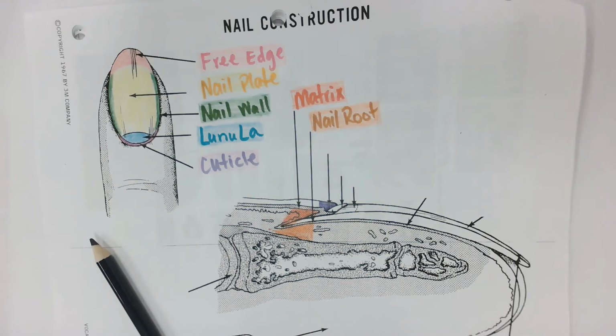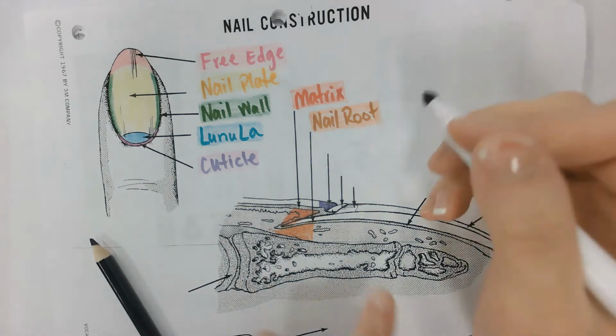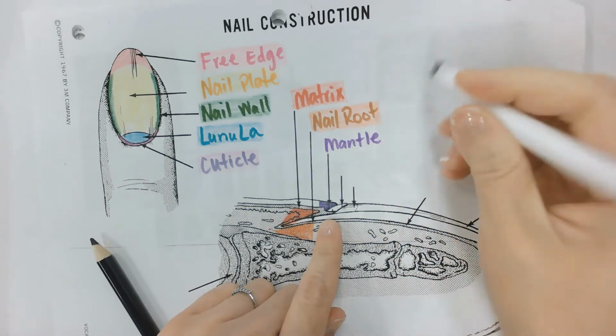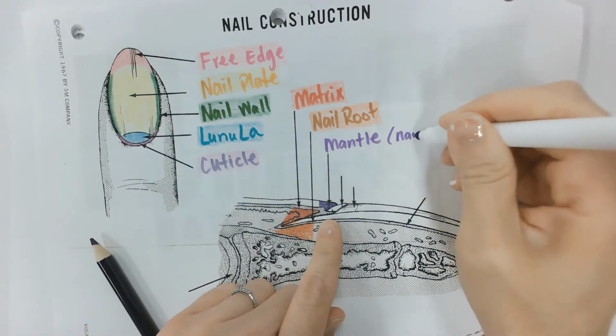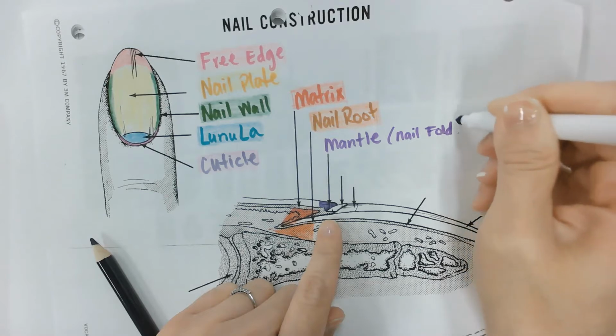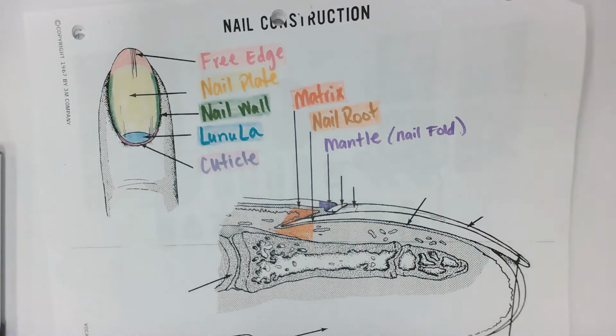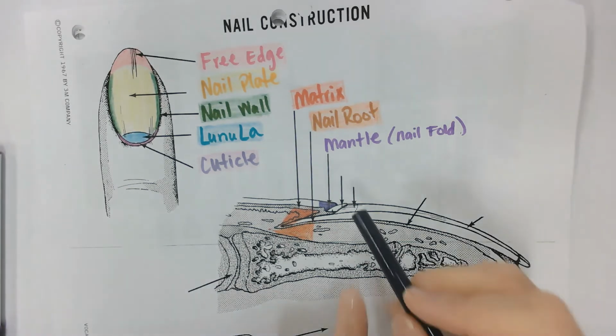Okay, so the mantle, M-A-N-T-L-E, also known as the nail fold. Okay? The mantle, just like a fireplace, you have the mantle on top, and the mantle is that piece of wood where you put all your decoration on top. It's the cover. So this is the cover to your nail.